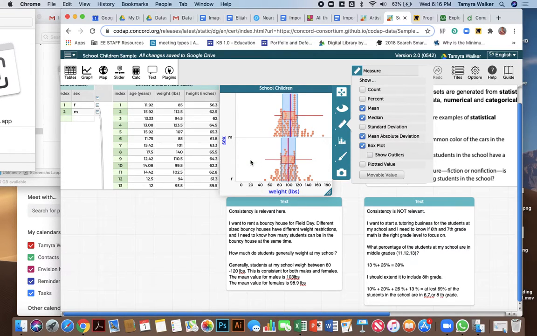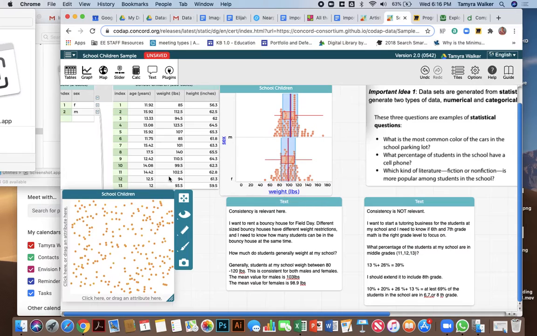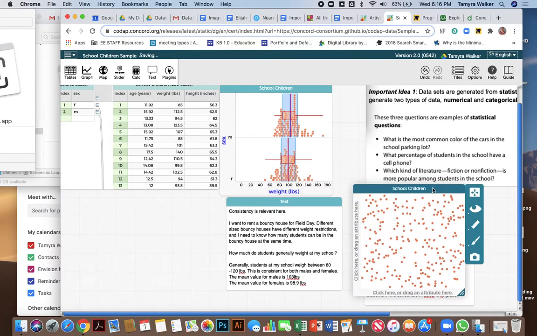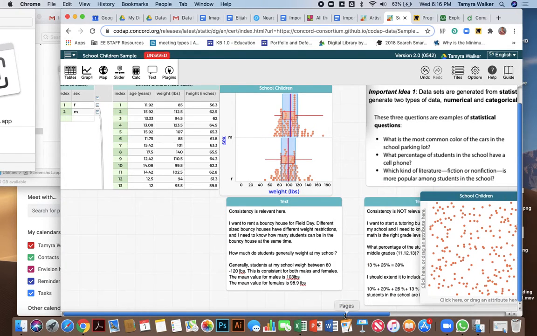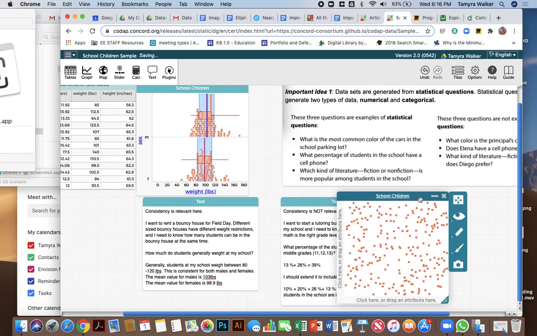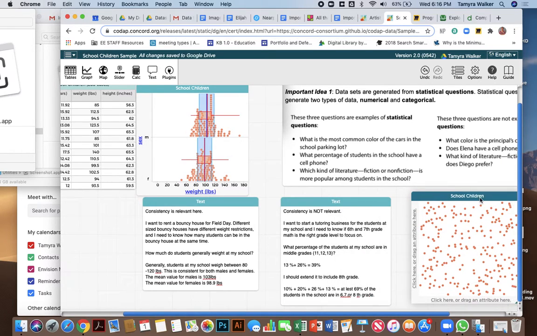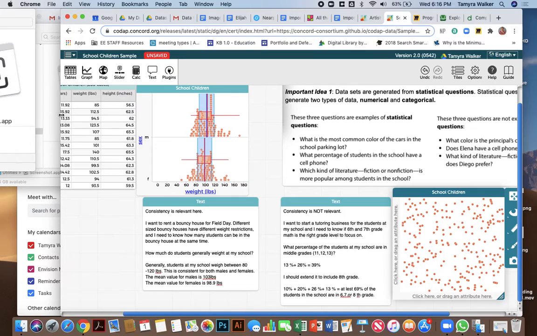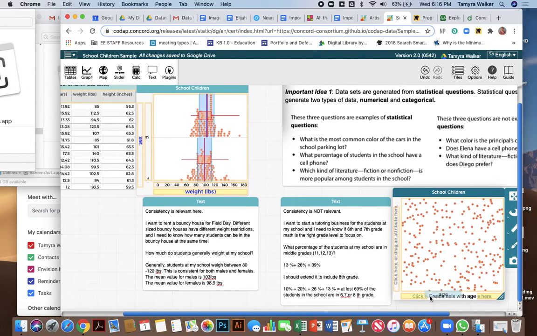All right, so I'm going to create a new graph. I'm going to bring it over here close to this text box so I can see what's going on. Okay, and I'm going to drag the age and years over here to this new graph.